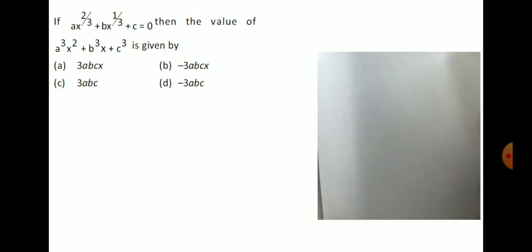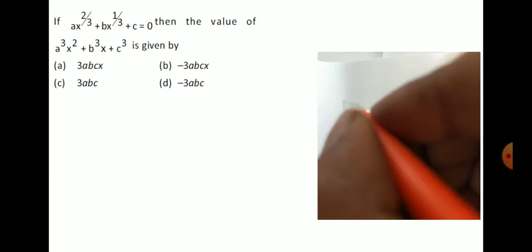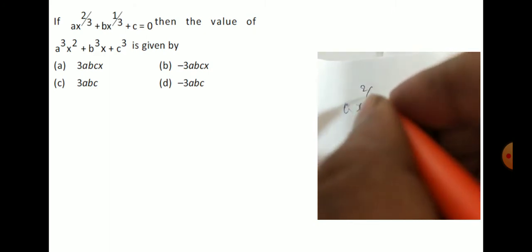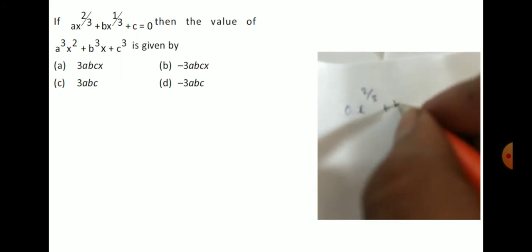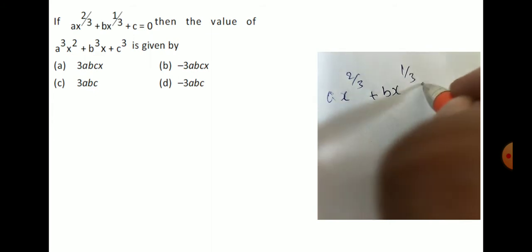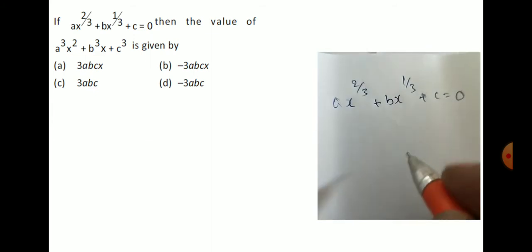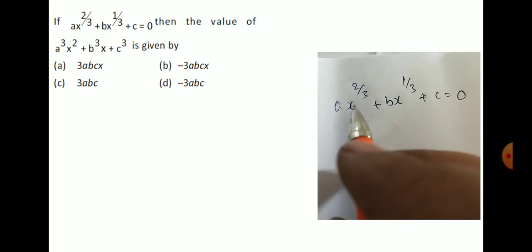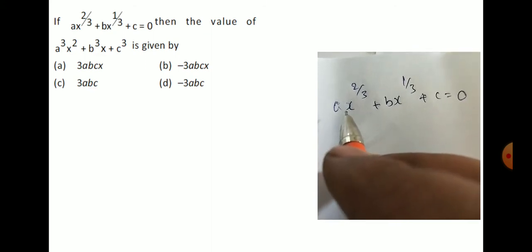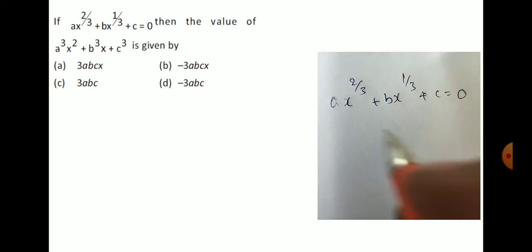Okay, what they're asking is: given that ax^(2/3) + bx^(1/3) + c = 0, find the value of a cube x square plus b cube x plus c cube.